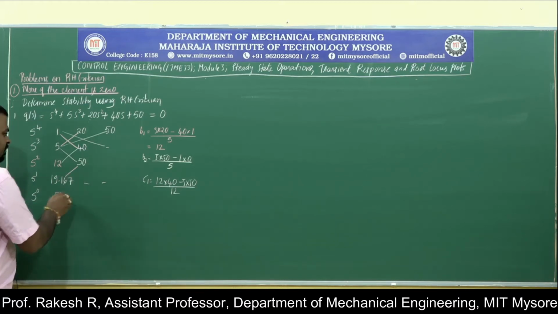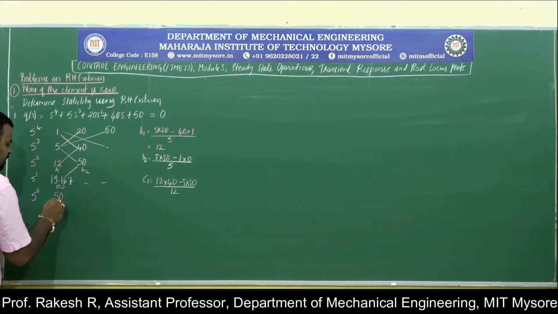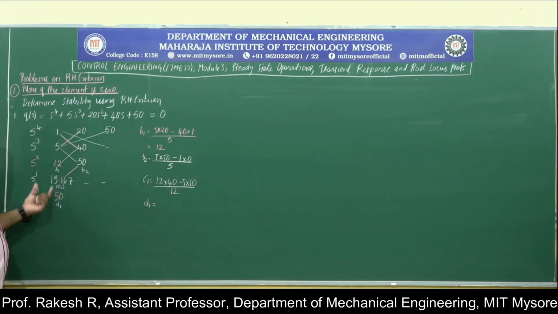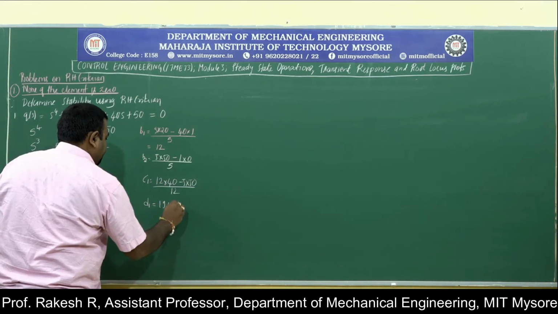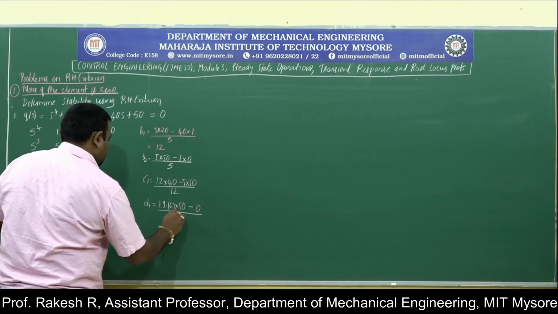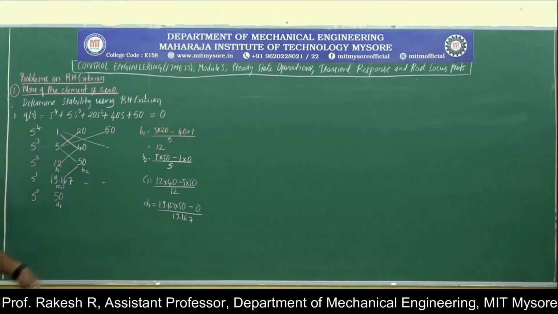So this is B1, this is B2, this is C1, D1 I will write here since it is a first problem. 19.167 into 50 minus 0 divided by 19.167. It will get cancelled and you will get the value 50.